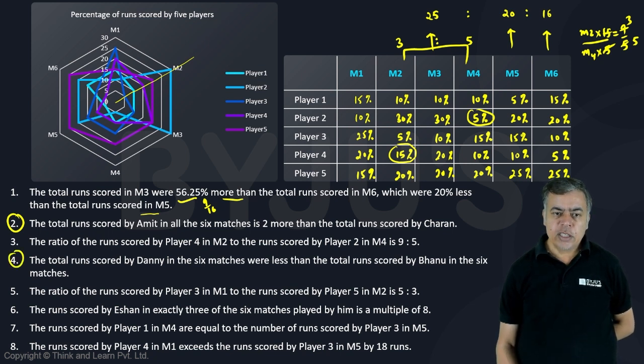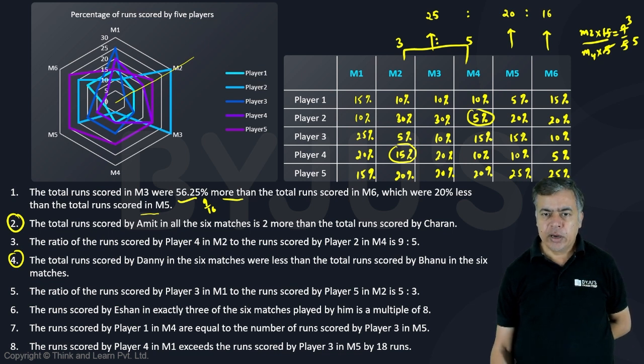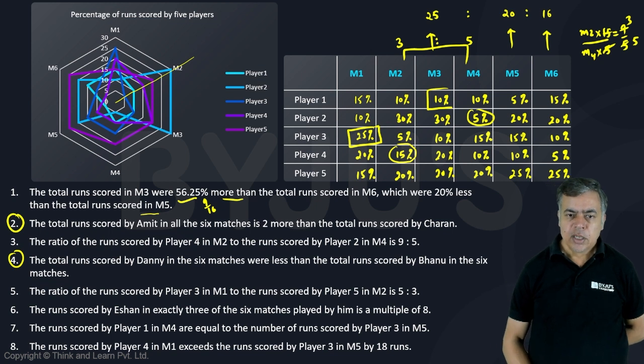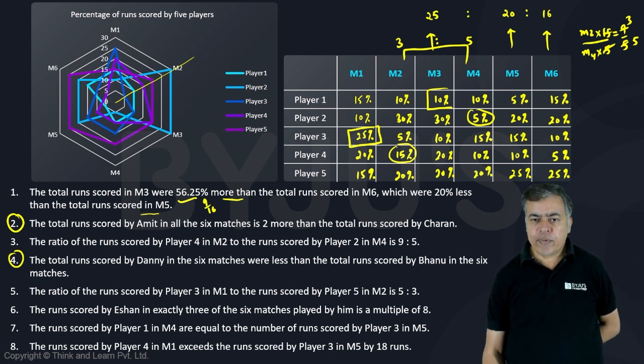The ratio of the runs scored by player 3 in M1, player 3 in M1. Okay, that means this one. No, sorry. This is this one. Player 3 in M1, right? To the runs scored by player 5 in M2. Player 5 in M2, that is this one.